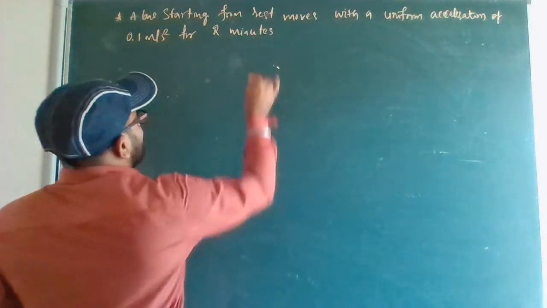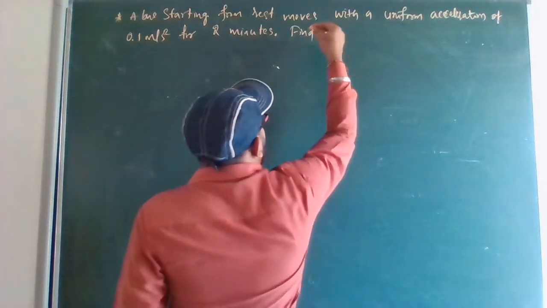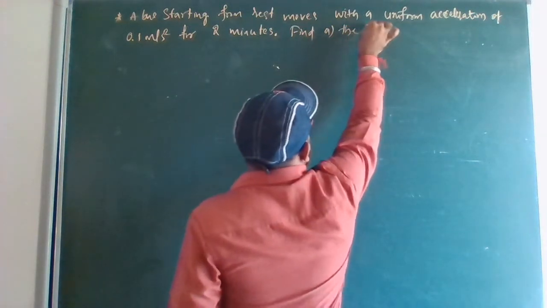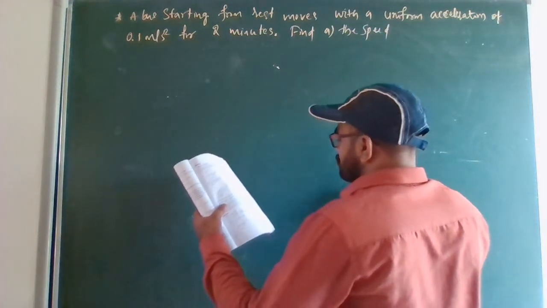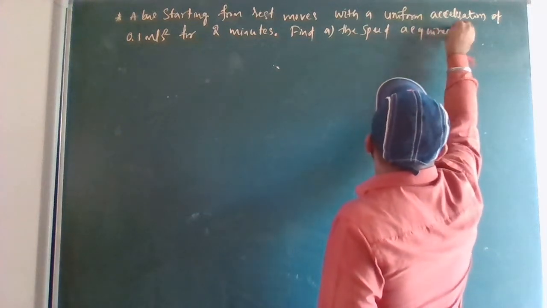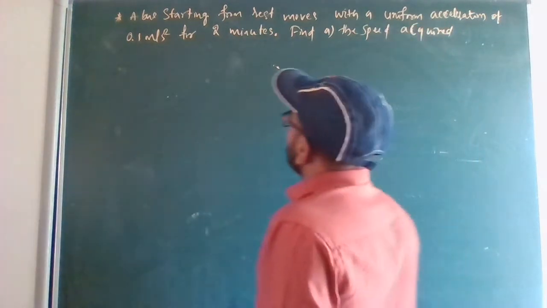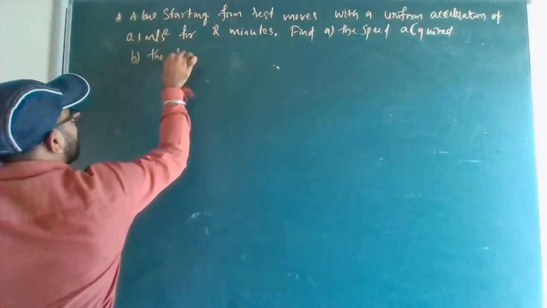Find A, the speed acquired, B, the distance traveled.